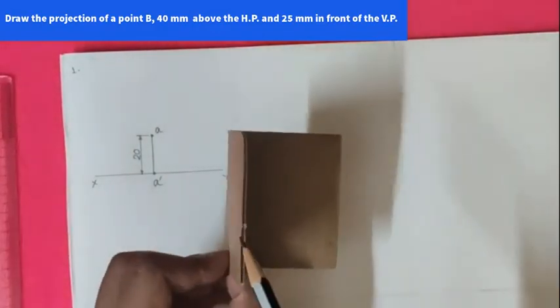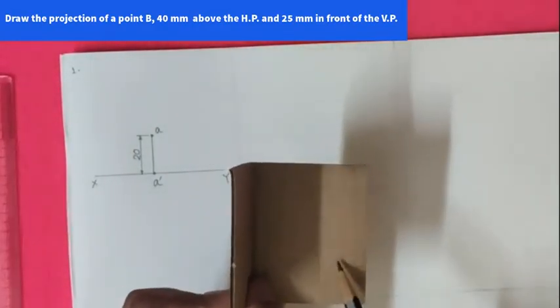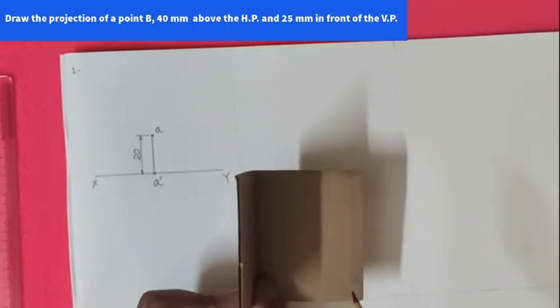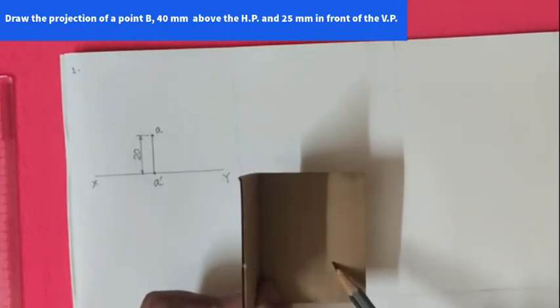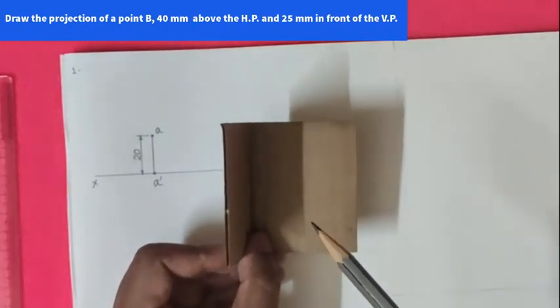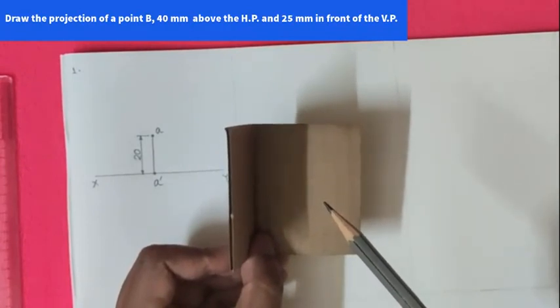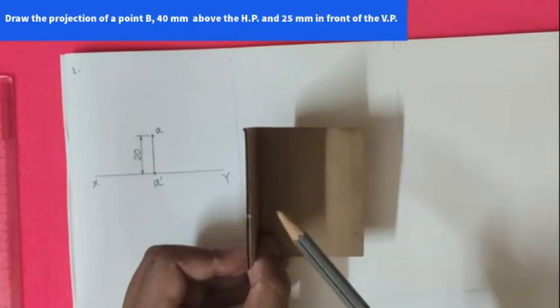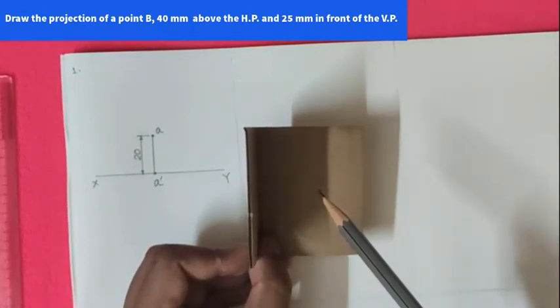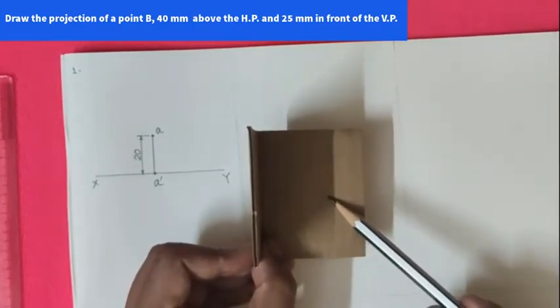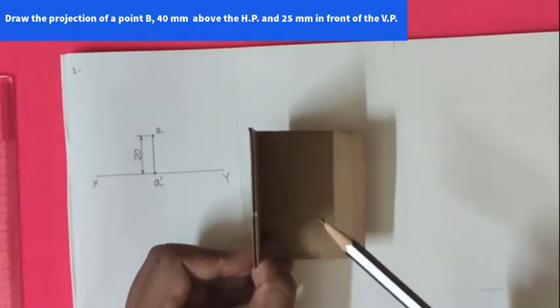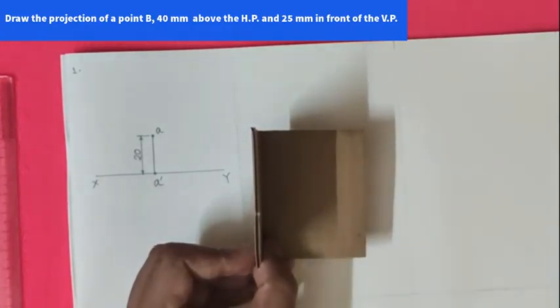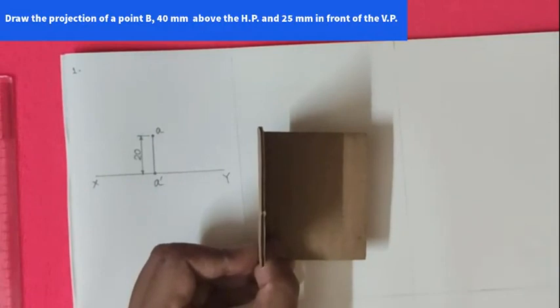If this is our VP, the vertical plane, and this is our horizontal plane, it is 40 mm above the HP and 25 mm in front of the VP. So this will be in the first quadrant.